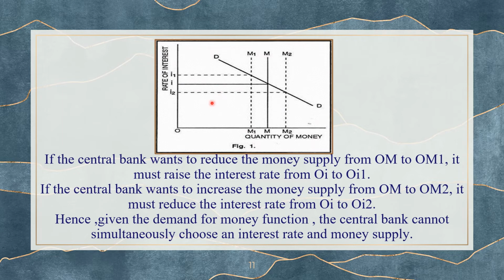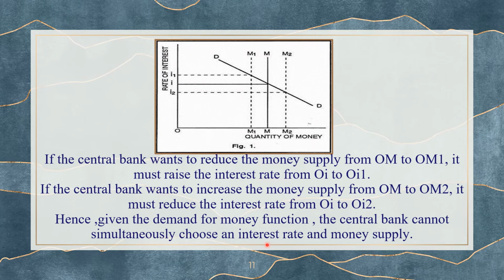So in the previous slide, I told you if it wants to vary the rate of interest, then you have to change the money supply. And in this slide, I'm telling you that if it wants to change the money supply, then it has to change the rate of interest. Hence, given the demand for money function, given this curve, the central bank cannot simultaneously choose an interest rate and money supply. You can choose, the central bank has the power.